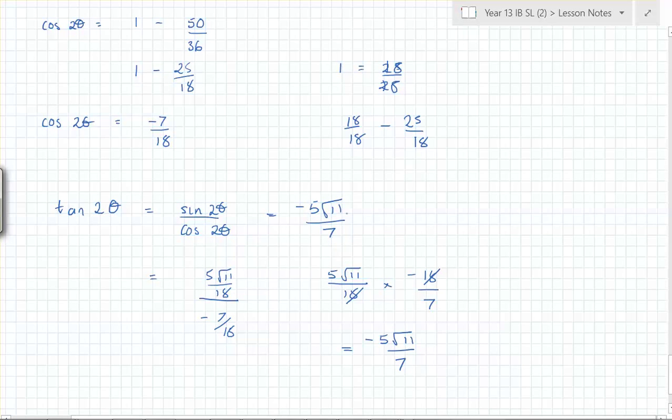So when you have a division like that, you switch. If you divide by a fraction, it's the same as multiplying by the reciprocal of the fraction.